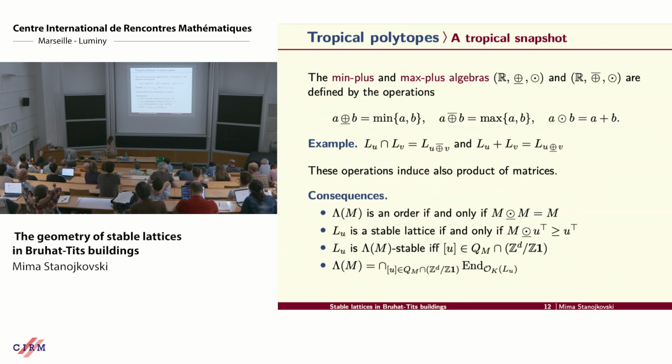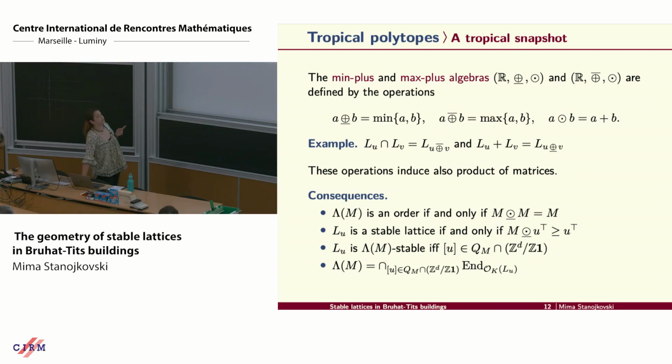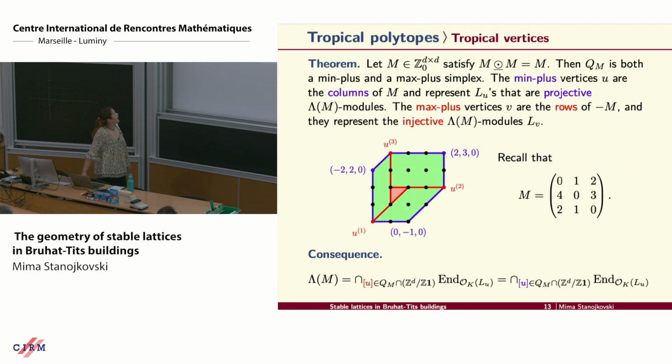I forgot to say one thing that is important earlier when I defined closed orders: as we will see, these intersections can always be made finite. So think of these intersections as really being finite intersections. And here is another result that is quite nice.